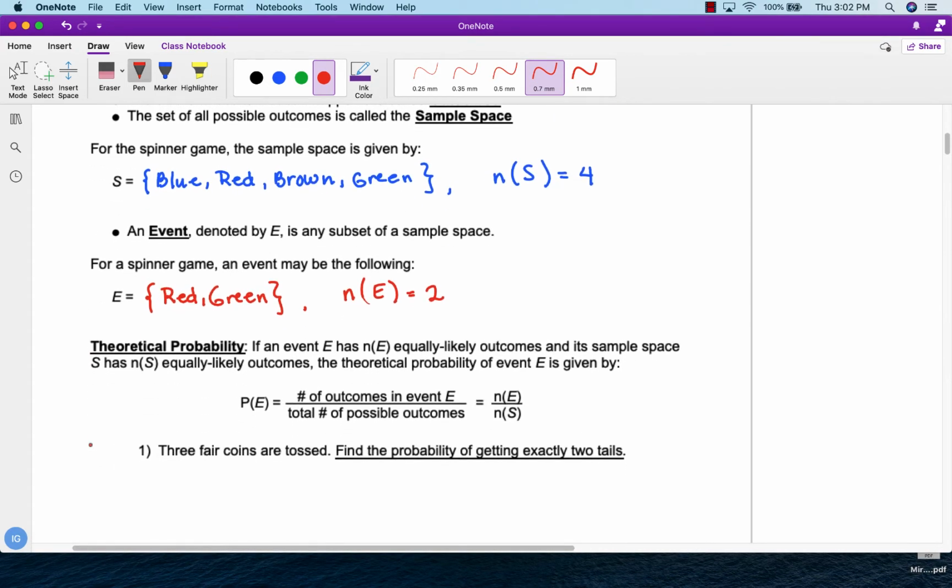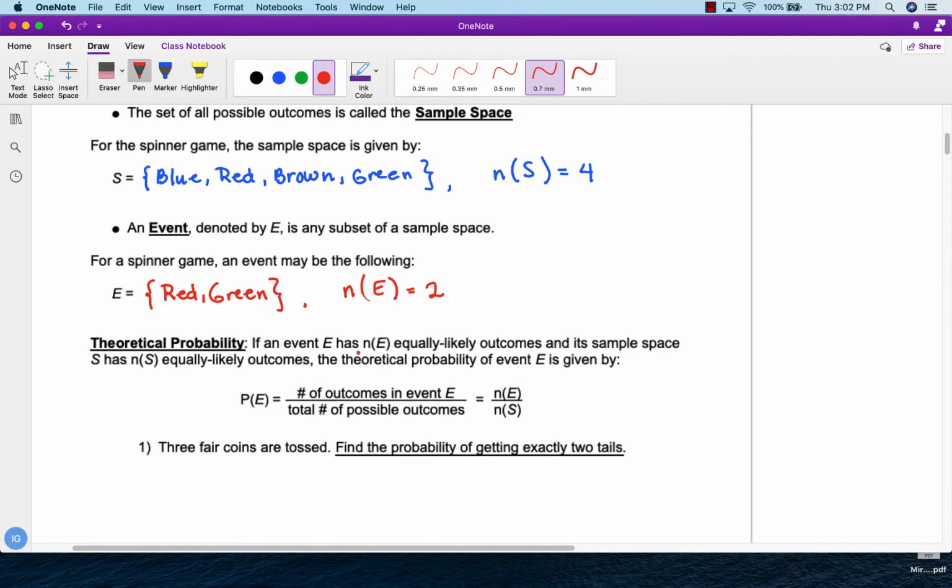Alrighty, let's talk about theoretical probability. If an event E has n(E) equally likely outcomes, and its sample space S has n(S) equally likely outcomes, the theoretical probability of an event E is given by: the probability of E is equal to the number of elements in E over the total number of possible outcomes.